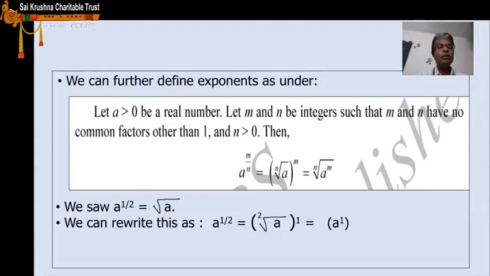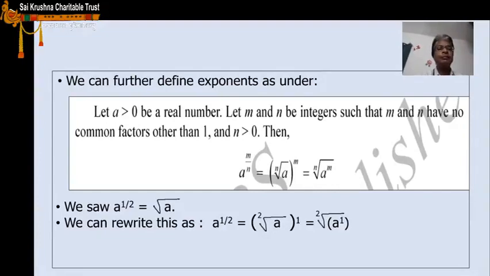This can also be represented as a power 1 within the bracket, and then I put the radical sign, and then the 2. That is, you can see a power m, so m is 1, a power 1, and the nth root, that is the square root. So the representation of a power m by n can also be represented as the nth root whole power m, or a power m nth root.